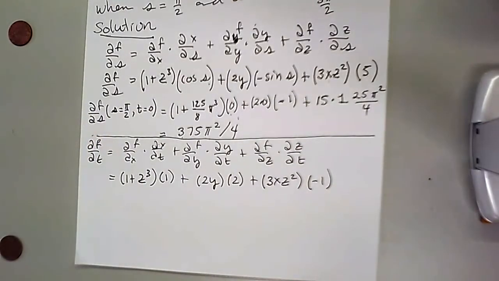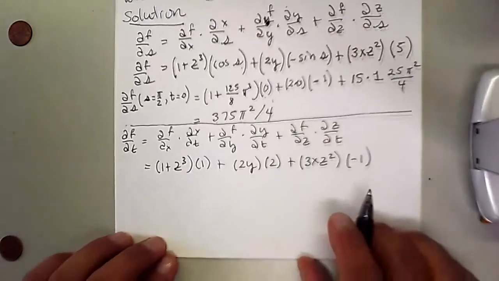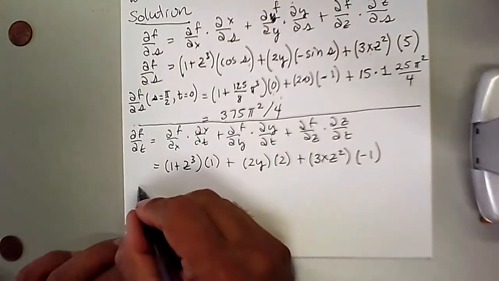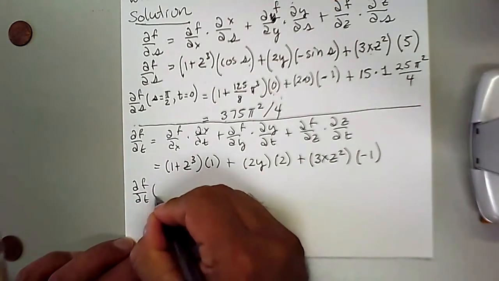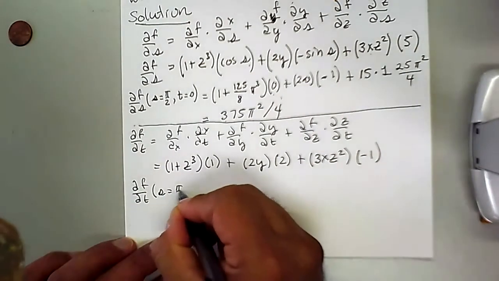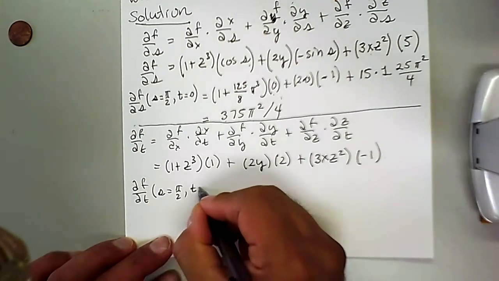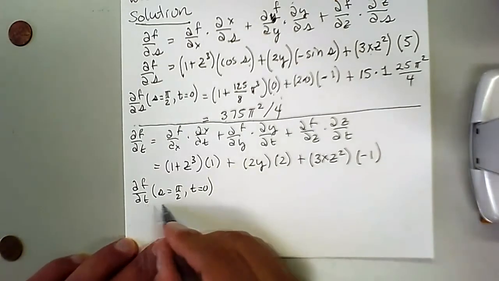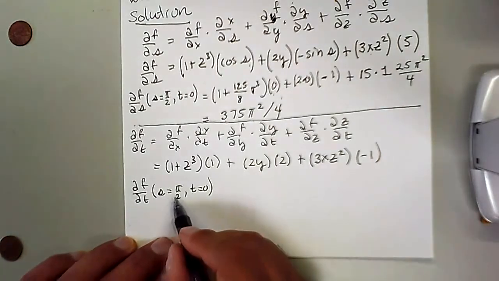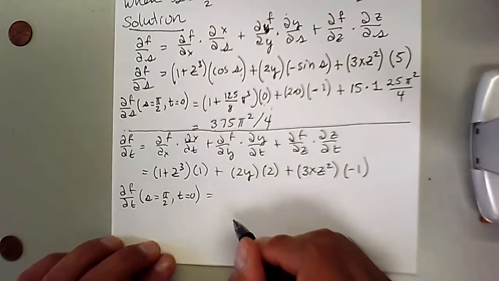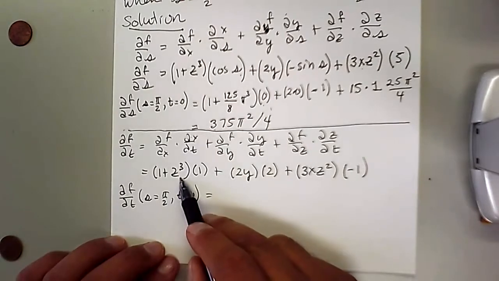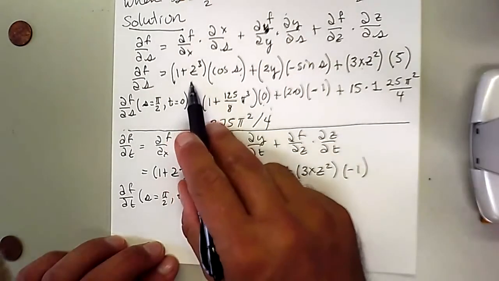Okay. Now we want to be specific. We want to plug in inputs. So the partial of f with respect to t, when s equals pi over 2 and t is equal to 0. So now the reader knows what inputs we're using and for what variables. Now 1 plus z cubed, we already computed that back here.